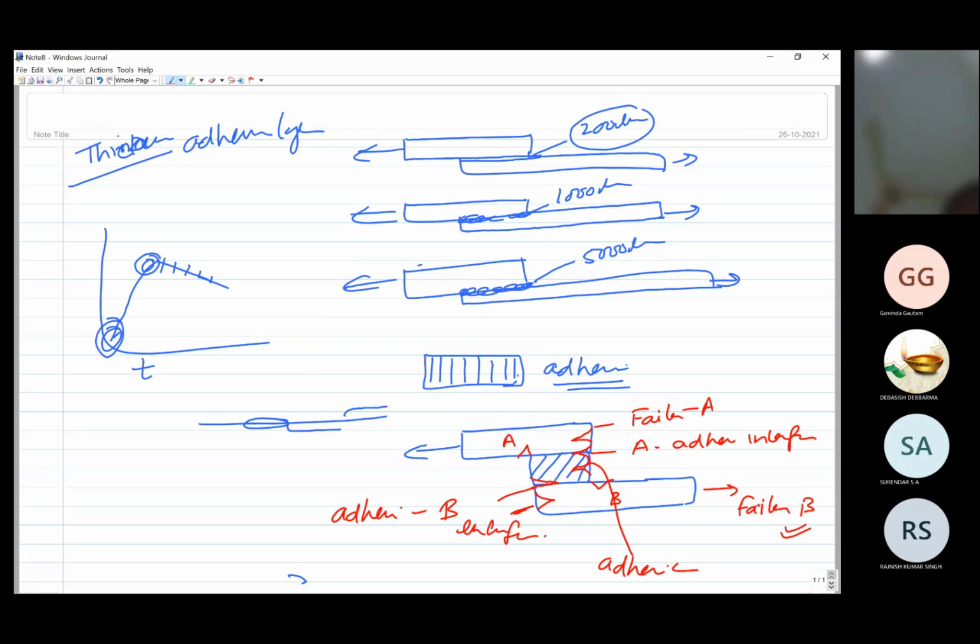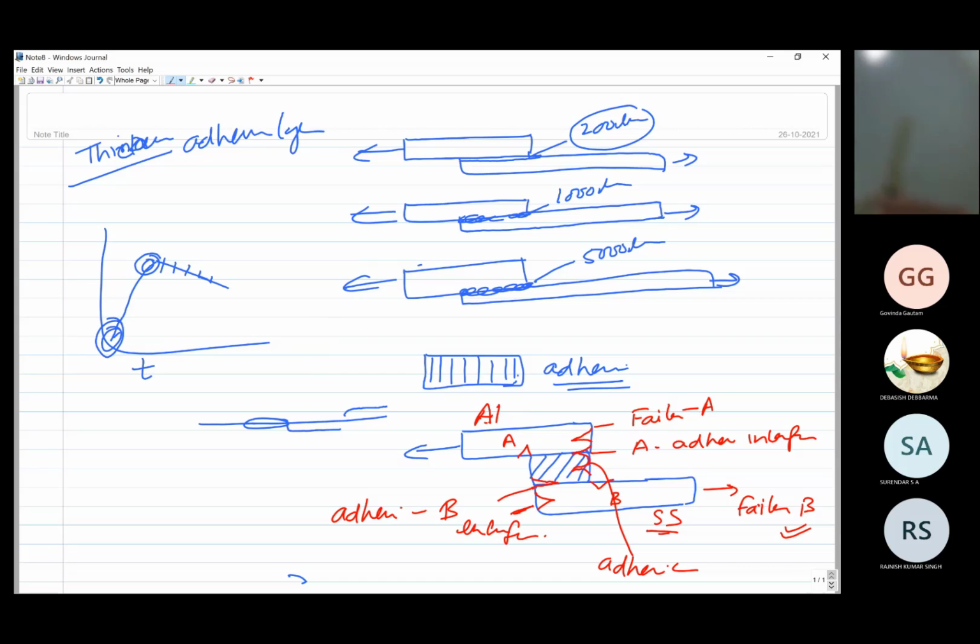Okay, so when a proper joint is developed, if you take the metal aluminum on one side and stainless steel on another side, then adhesive is not going to interact with the two metals in the same way. It will interact with the aluminum in one way and stainless steel in another way. Why?